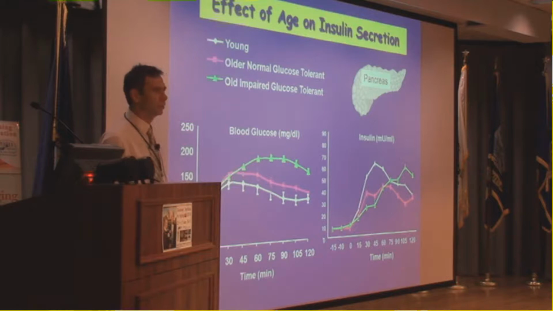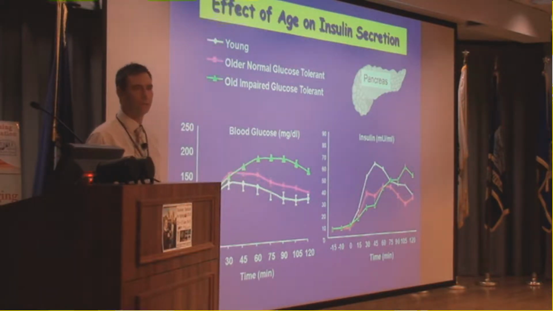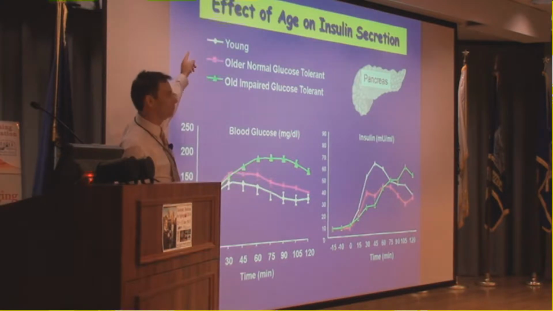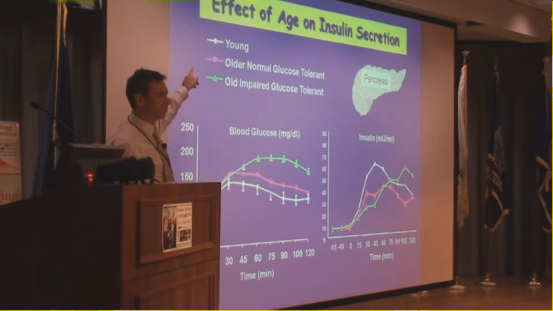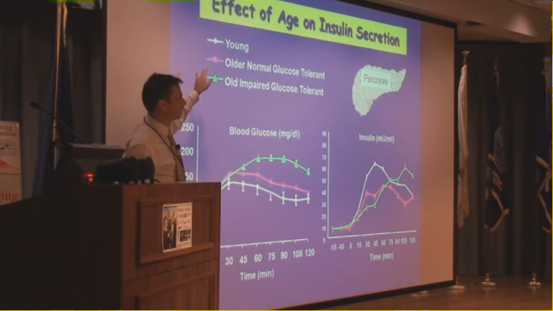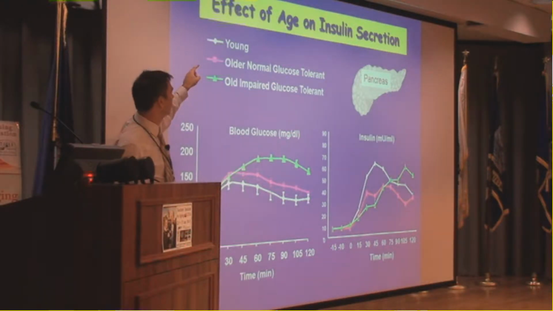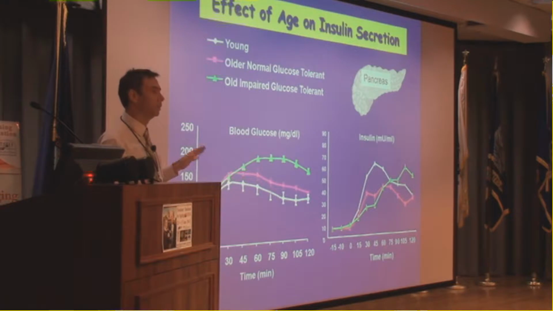This is a test for beta cell function that we did in our research in three groups of people: young people, less than 25 years; and older people, over 65. The mean age was about 75, and based on the glucose tolerance test, they had completely normal glucose tolerance, meaning that the 2-hour test was normal, less than 140.